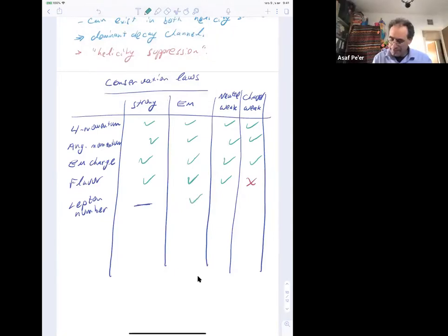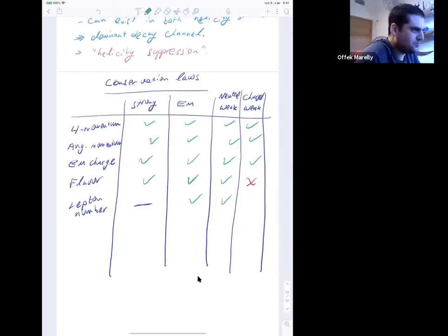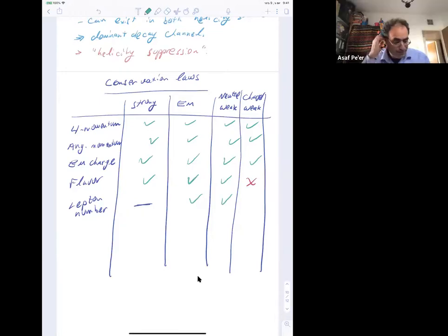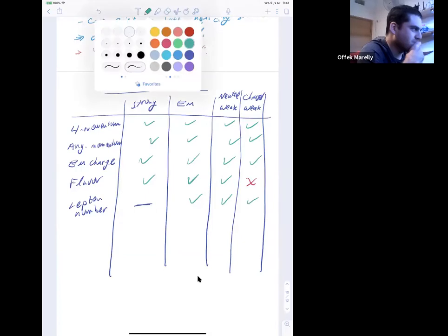Right, neutral weak? Z, does it conserve leptonic number? Yes. What about the charged weak? There it is. What about leptonic family number?